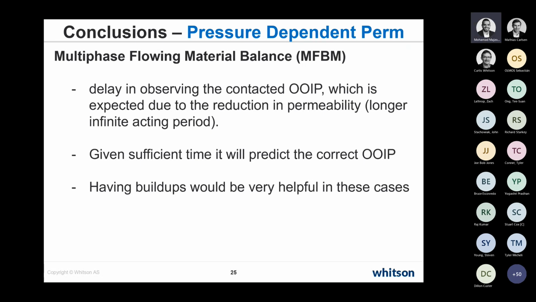But when you take that higher OIP into the numerical RTA, you're not able to get it unless you increase your matrix gamma, so unless you include pressure-dependent permeability. That has been one of the things that we have found kind of by trial and error.